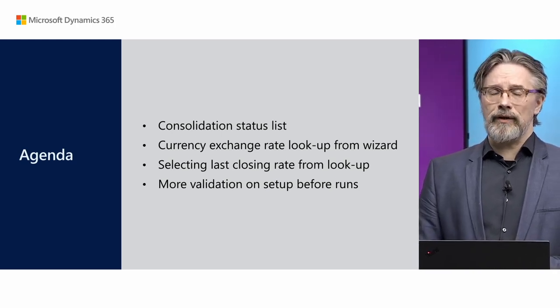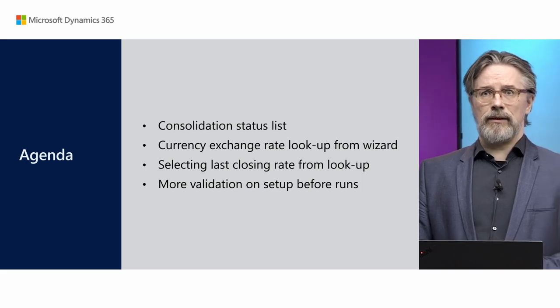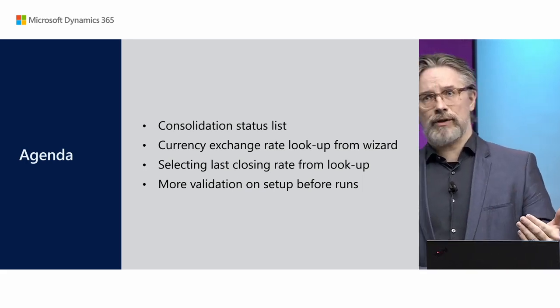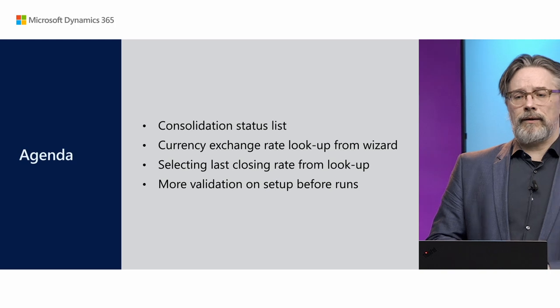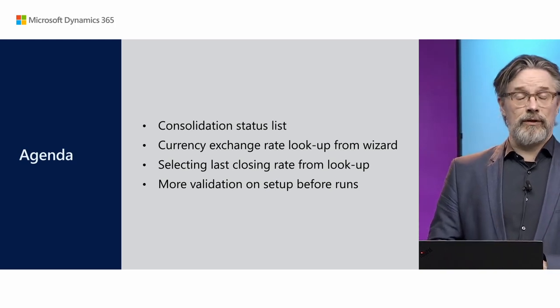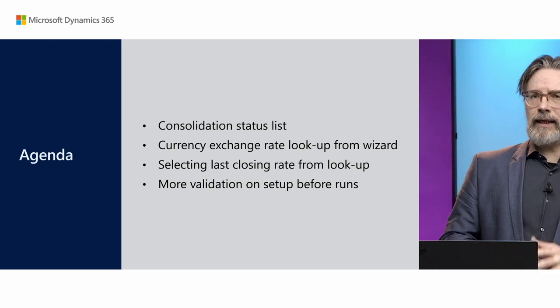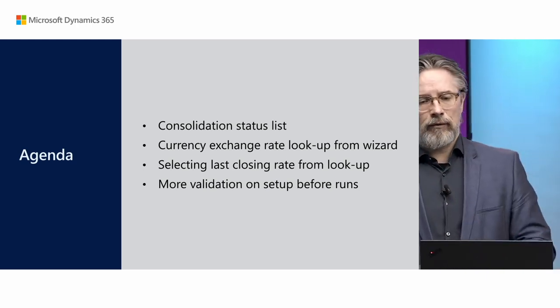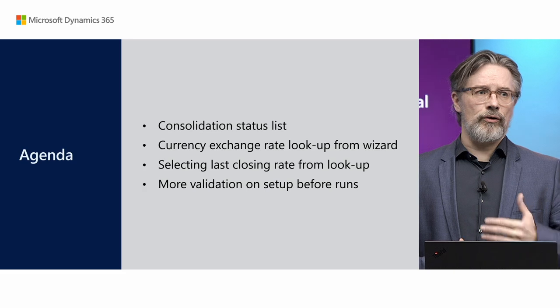If you're recovering from mistakes, you will be able to look up the last closing rate while you're also doing consolidation. That helps you enormously when you're trying to do recovery. And in the whole process, we have introduced some validation so you don't accidentally make mistakes.